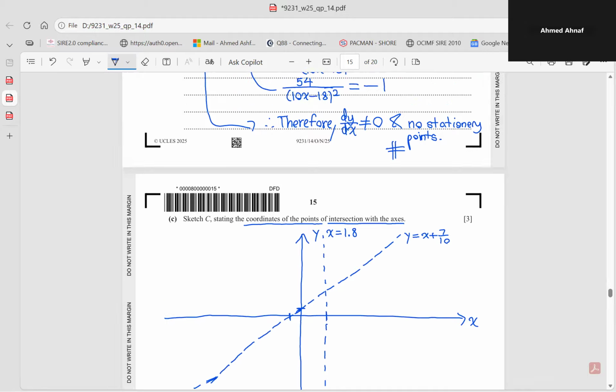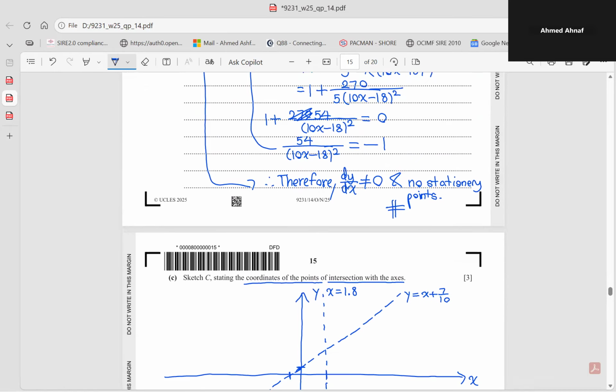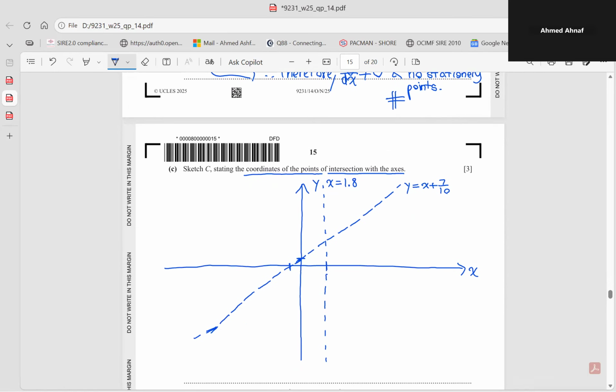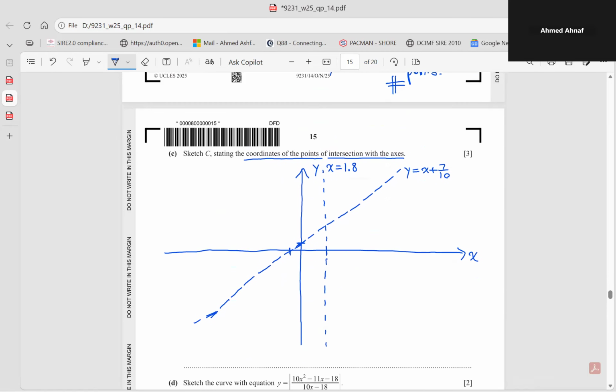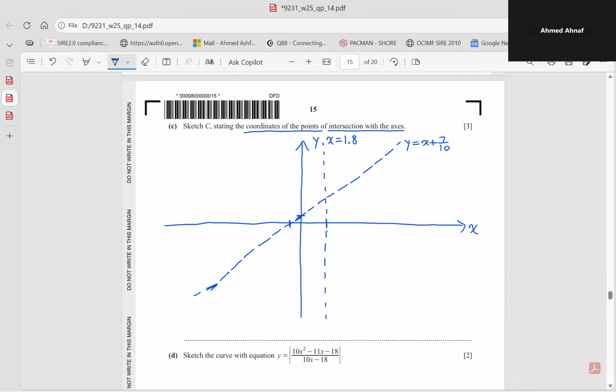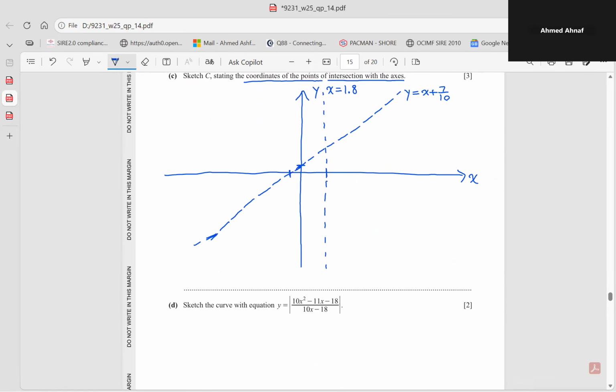Yeah, that's what you have to do. As you guys know, there are no stationary points. And now we're going to quickly state the coordinates of the points of intersection.